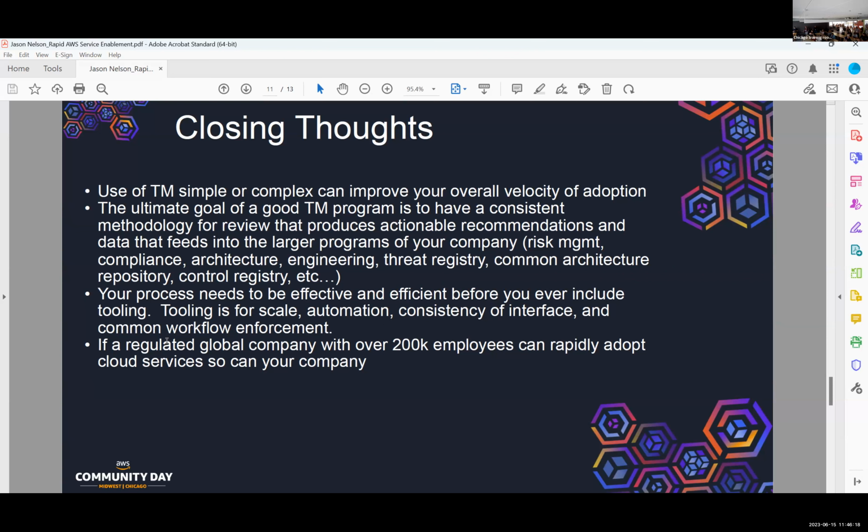So with that, if a 200,000 plus person company globally can move to cloud in 2 weeks for a lower level environment, that's something I think any company can do. So I'll leave room for questions.